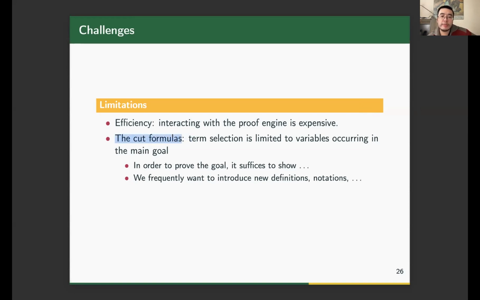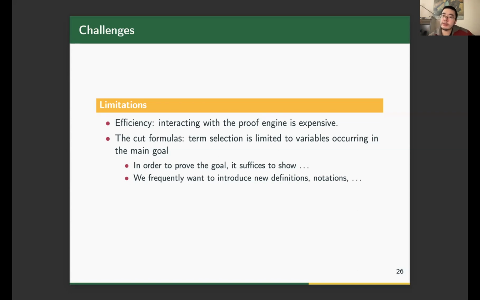The second problem is what we call the cut formula problem. One of the problems with the current tactic 0 is that it cannot freely generate arbitrary expressions. It can choose from a finite set of tactics. It can choose from a finite set of lemmas, but it cannot freely generate an arbitrary expression.